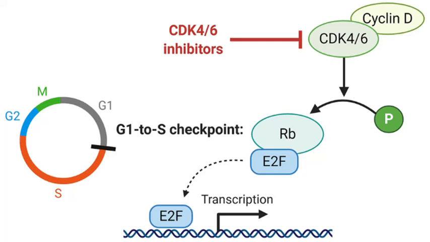So, we know that many cancers exploit the checkpoint from G1 to S phase and achieve unregulated cellular growth via this mechanism. You're right. Many cancers exploit checkpoints that normally regulate the cell cycle.